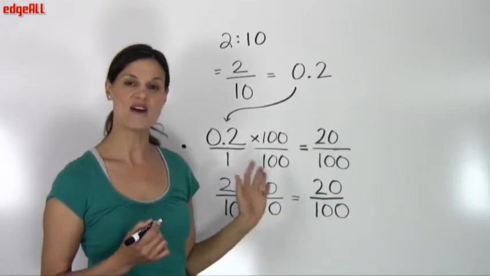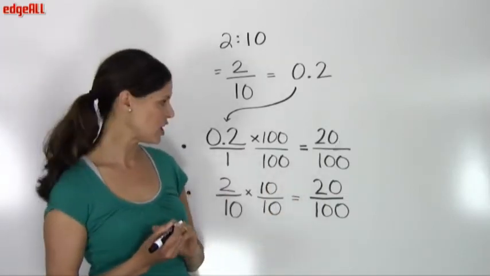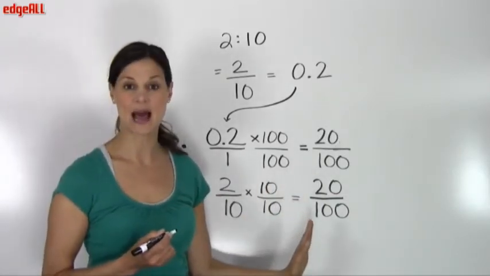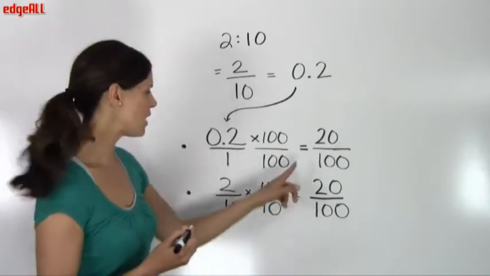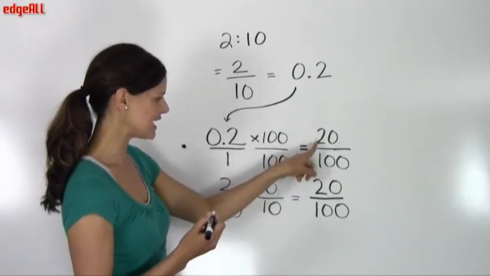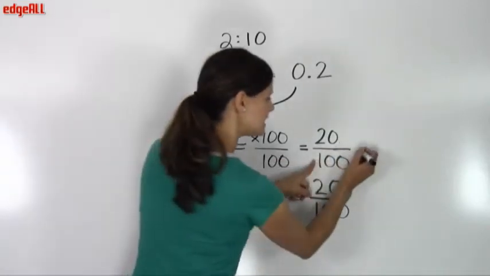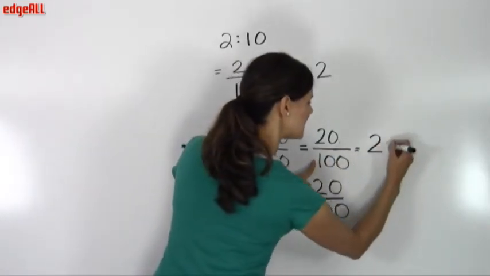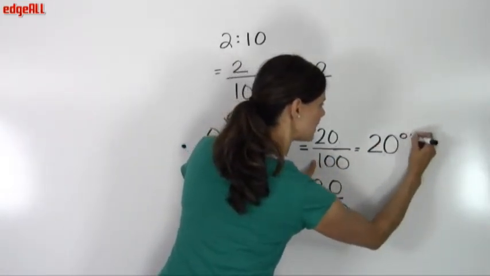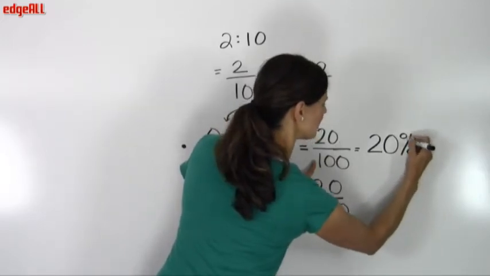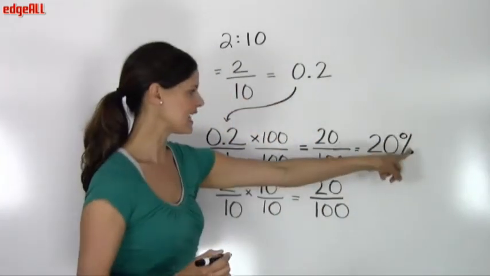And now that we have a 100 in the denominator, we now can write this as a percentage. And what we do in this case is 20 over 100 is equal to 20, and then we put our percent symbol after that. And it looks like this.